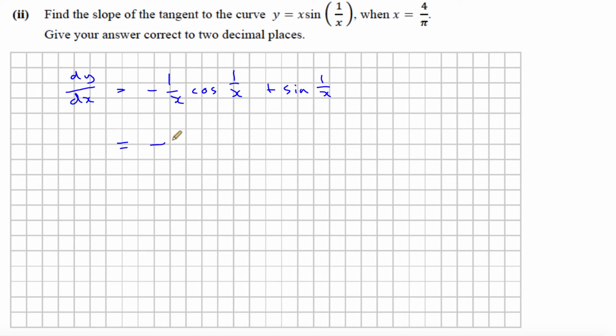So it's going to be minus 1 over 4 over pi by the cosine of 1 over 4 over pi plus the sine of 1 over 4 over pi.